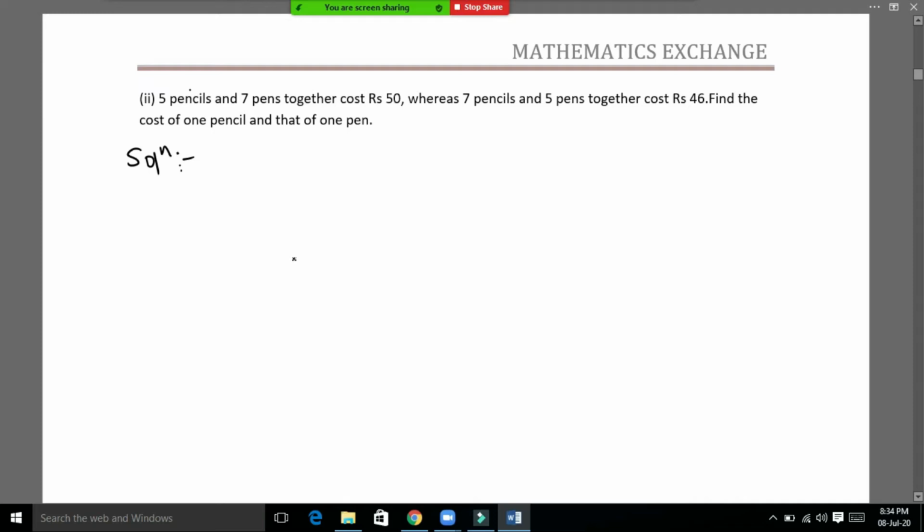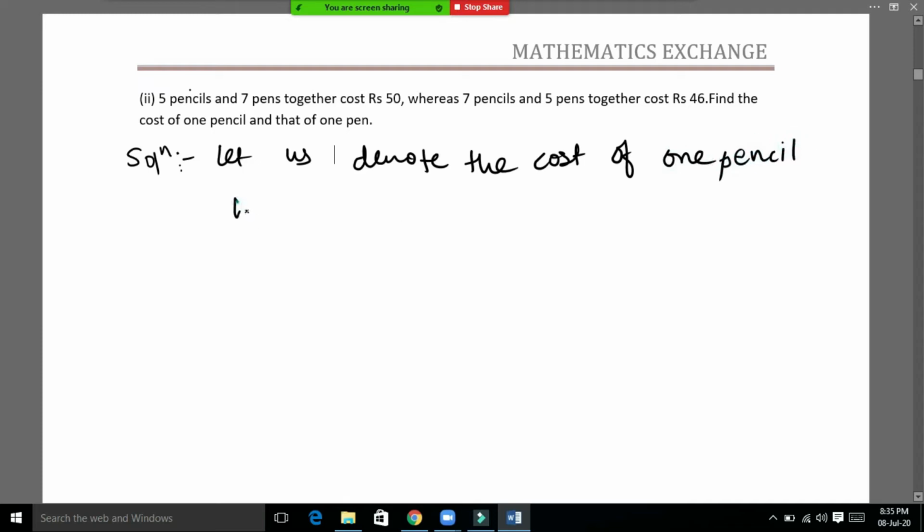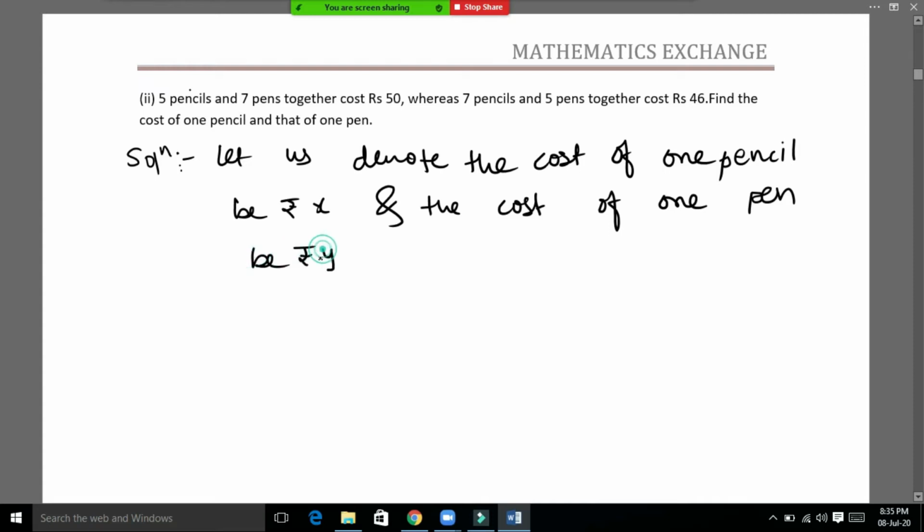For this we take the cost of 1 pencil to be rupees x and the cost of 1 pen to be rupees y.